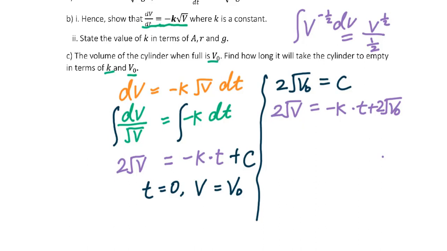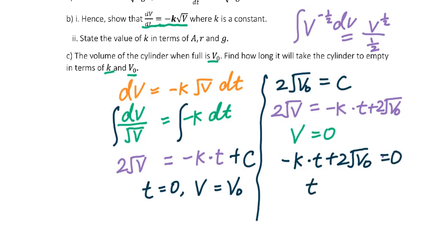We want to figure out this t when V equals 0. Therefore, you will get negative k times t plus 2 square root of V0 equal to 0. We solve for t.